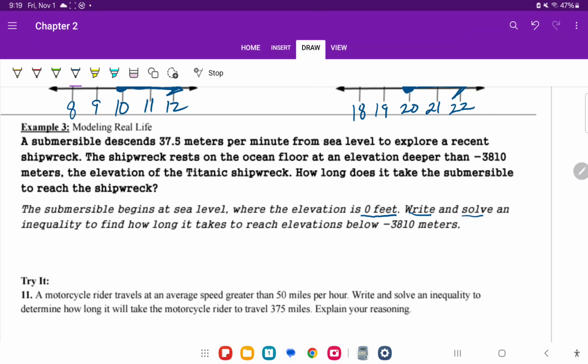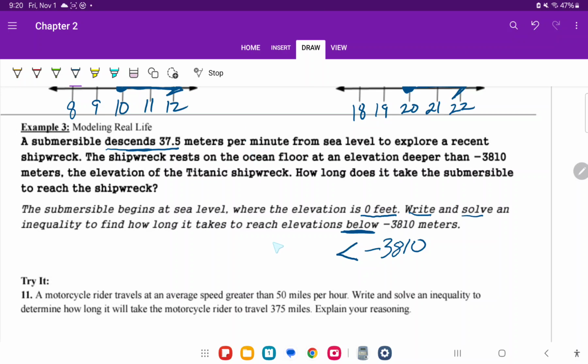Okay, so with this, we want to reach elevations below negative 3,810 meters. So below means we're going to be less than. All right, so we want to be less than negative 3,810 meters, right? Now, we're descending 37.5 meters per minute.